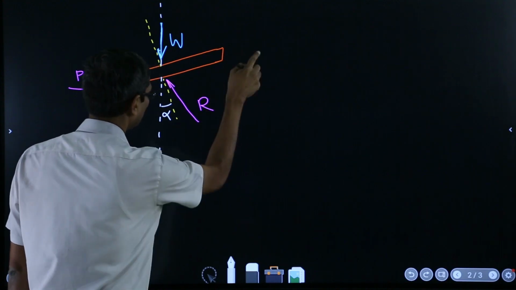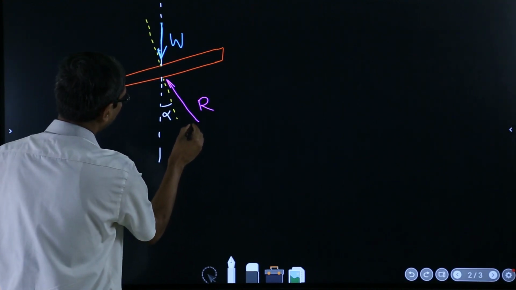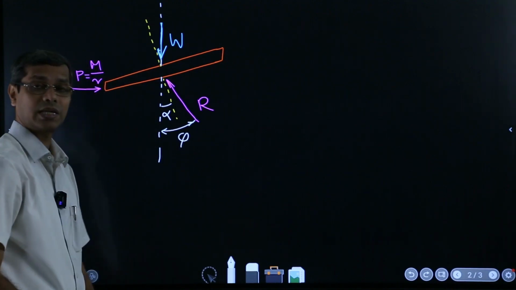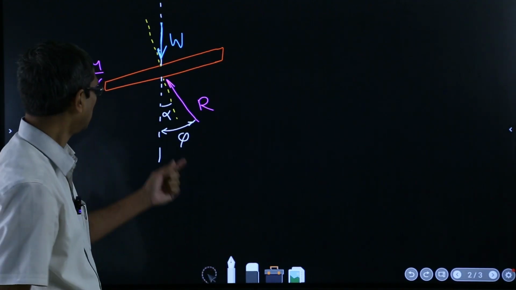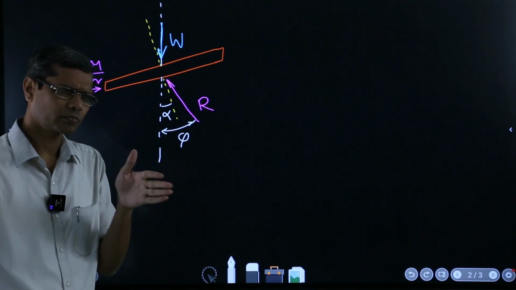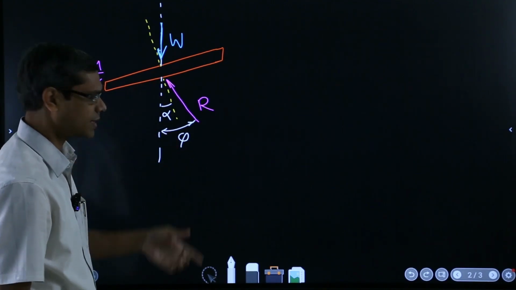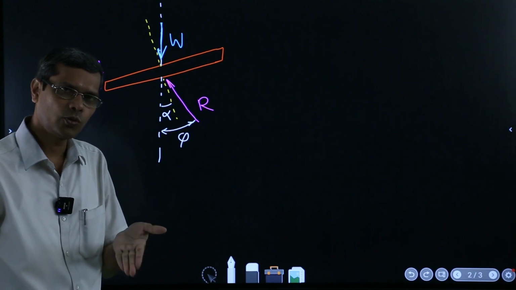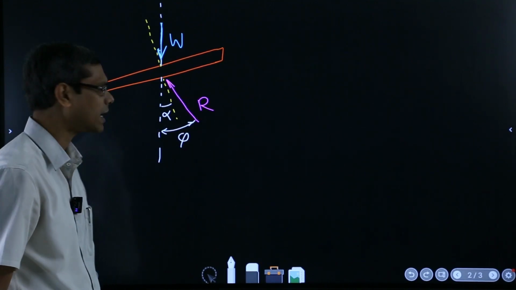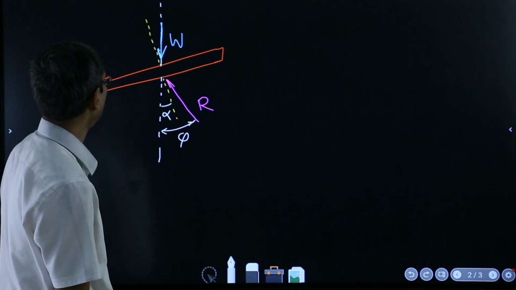And this being phi, because things are on the verge of just slippage, so this angle will be phi. You remember we were saying that the total reaction will move angularly like that, and just stay at that location on the verge of slipping.